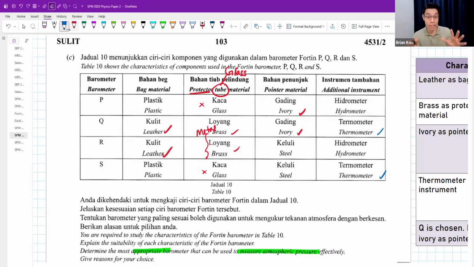If you know the pressure of your atmosphere, and then you also know the temperature of your surrounding, you can relate these two things, because temperature and pressure, they are related, of your atmosphere. Yeah, they're related. A hydrometer is to measure density of liquid. Definitely wrong. Right? So a lot of people, they don't really know what to choose for this one. But the clear winner is going to be Q. Okay, the clear winner is going to be Q.